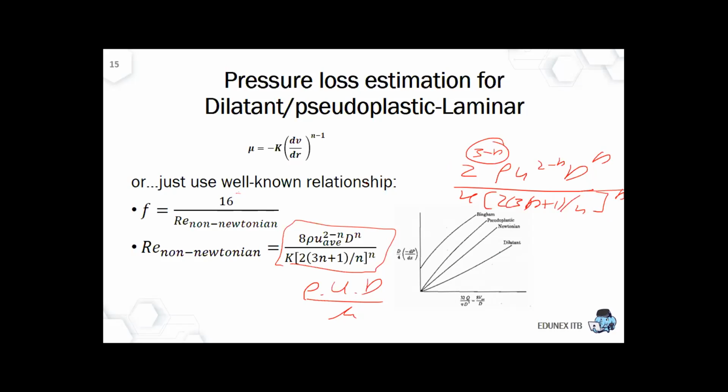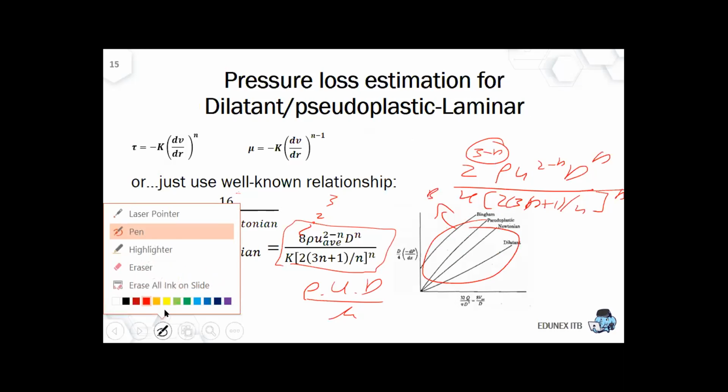I mean, this one is expanded by 3, isn't it? Yeah, this is the correction for the Reynolds number. This Reynolds is for the pseudoplastic and dilatant fluids. I call it later the power number. Okay, power number is this one, but this one is Bingham.